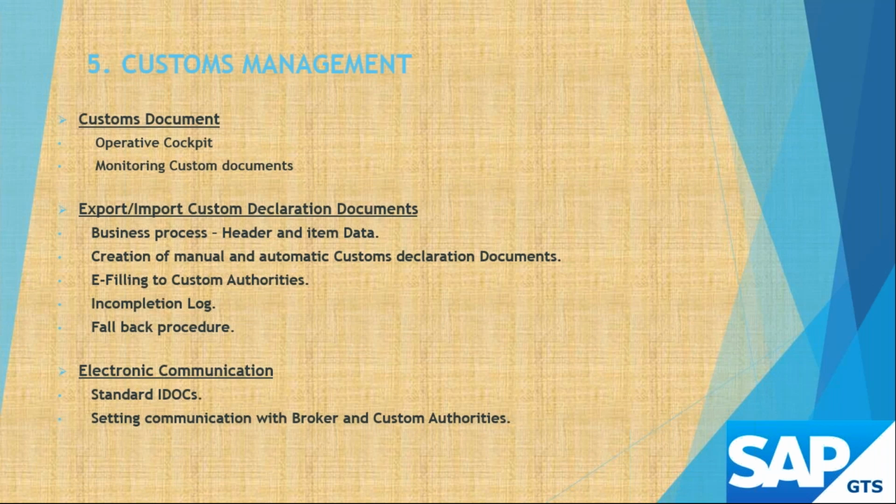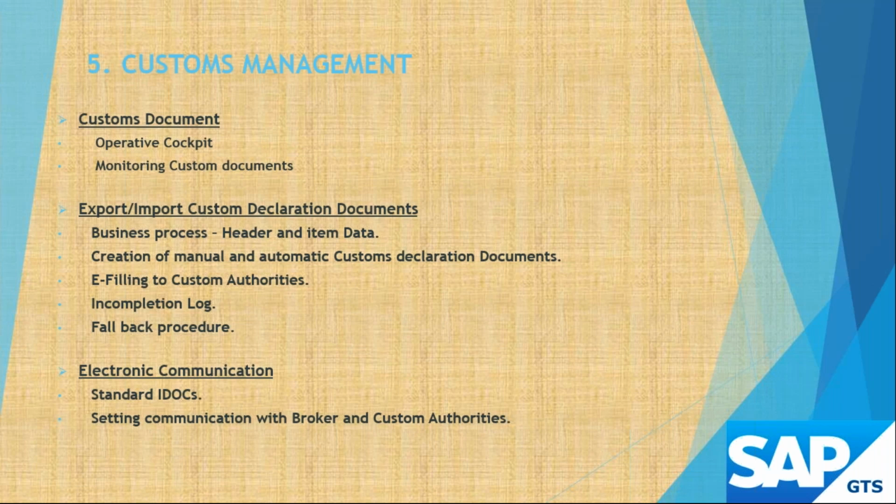So this is an important thing for e-filing, how we are going to e-file. Again, an organization is not dealing directly with the custom authorities. There is a broker in the middle between the organization and the custom authorities. So whatever documents are created in GTS, how they get interfaced to that broker, and then the broker takes the approval from customs. All those K2, K8 forms are the legal forms for customs.